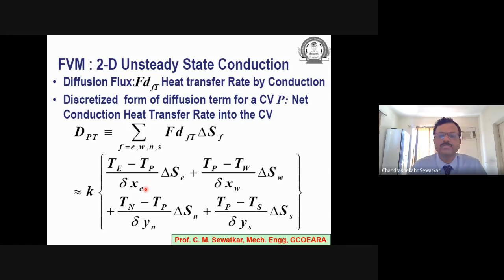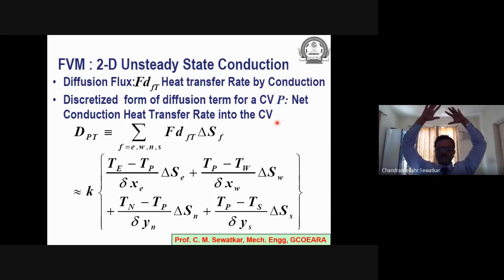Then the discretized form of the diffusion term for control volume P can be written as, which represents essentially the net conduction heat transfer rate into the control volume. And this conduction into the control volume occurs through the faces. Remember that. And hence, it has to be summed up over east, west, north, and south faces.